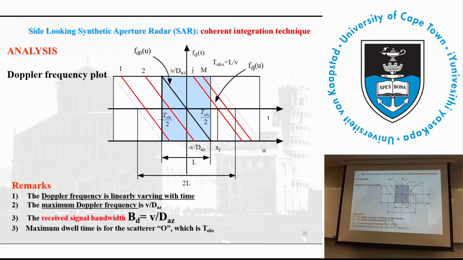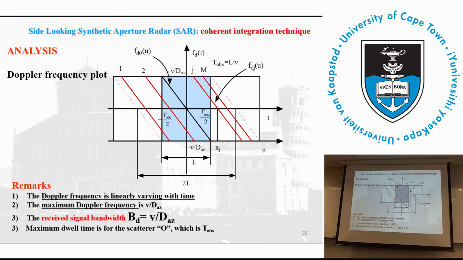When you differentiate a quadratic term, you get a linear term. That's an approximation, but it's perfectly valid when L is much smaller than R. So that's fine. The maximum Doppler frequency we found out is V over ds. So that's the actual bandwidth. This is a baseband signal, so the bandwidth is calculated like that. And there you go.